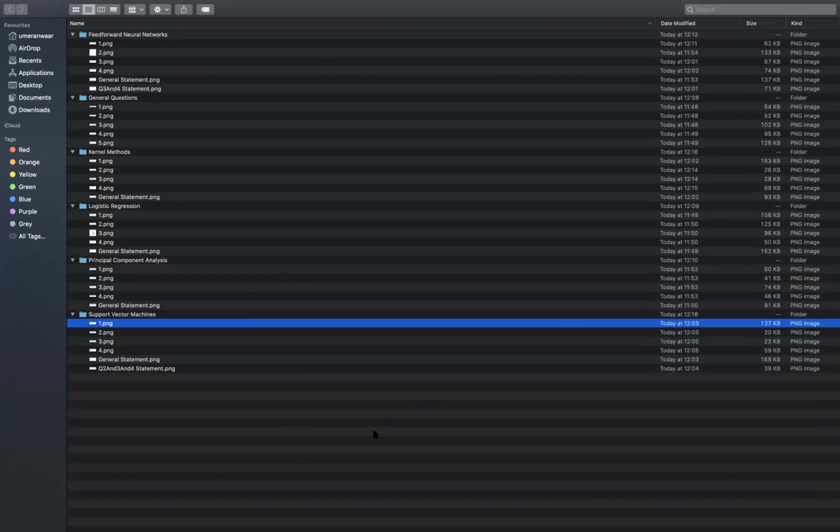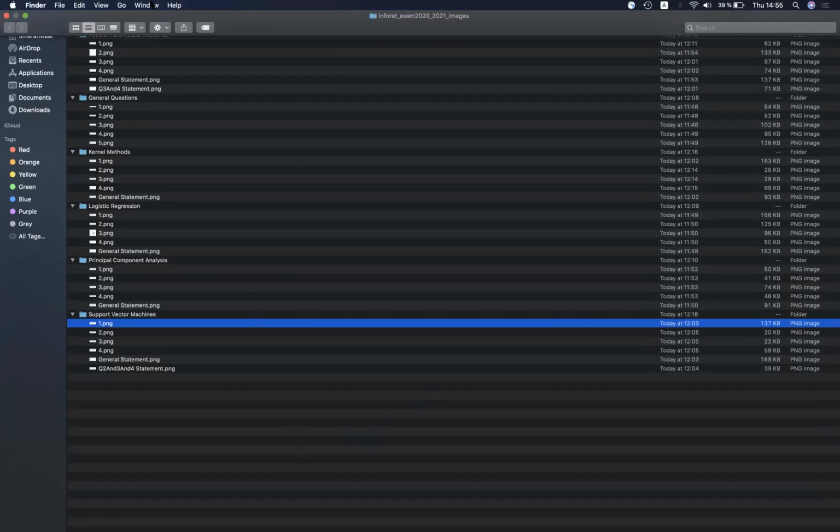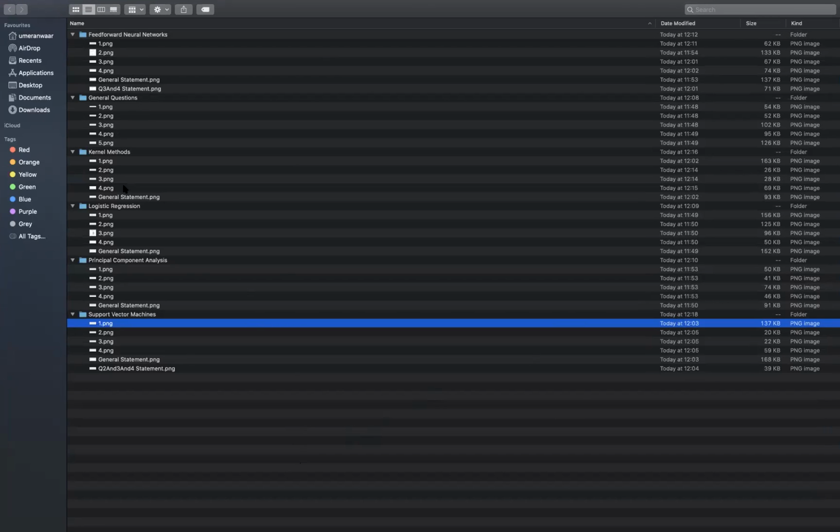This is also important. We have different sections in the exam. They will probably not be named. We would try to keep the names like this, but even if they are not named, you should know that this would be the overall structure.